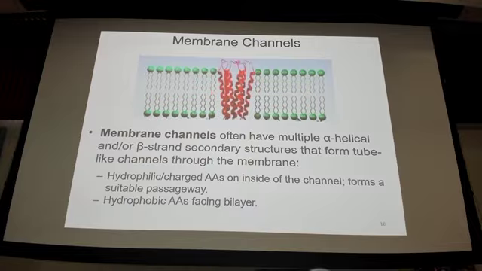However, because either molecules or information is being transported across the cell membrane, the amino acids found within this channel are hydrophilic. Does that make sense?